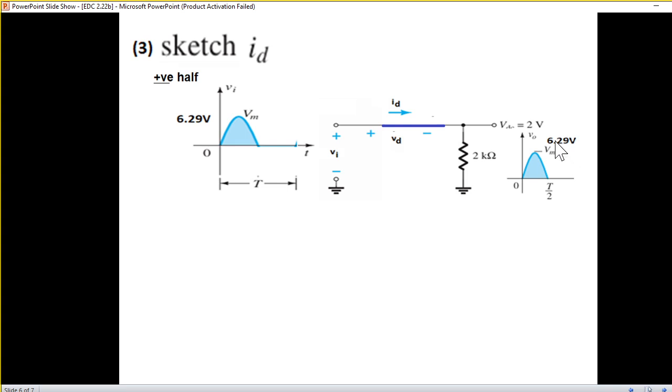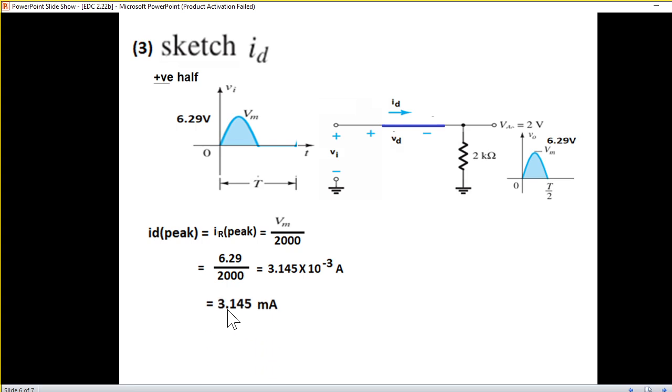We're just considering the peak for the time being. 6.29 divided by 2 will be the peak current. I diode peak equals I resistance peak, which is Vm over 2000, or 2K. This gives 6.29 divided by 2000, which is 3.145 times 10 raised to the power minus 3, or 3.145 milliampere.